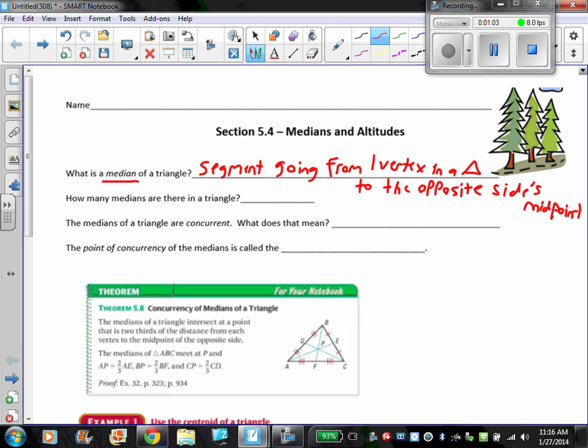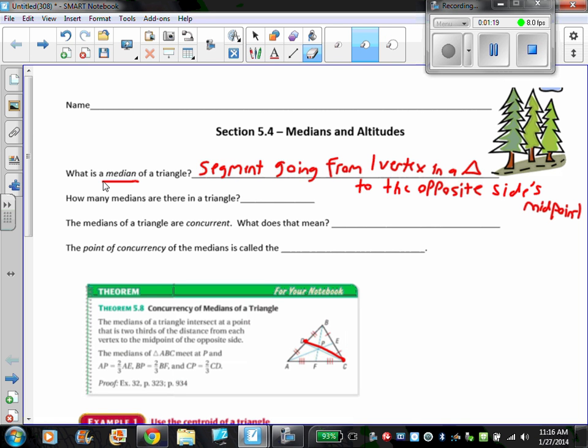So, if we look at the picture that's just below down here, we can see the blue lines are medians. For example, here's one that starts at point C, goes across the triangle, and then lands at point D.